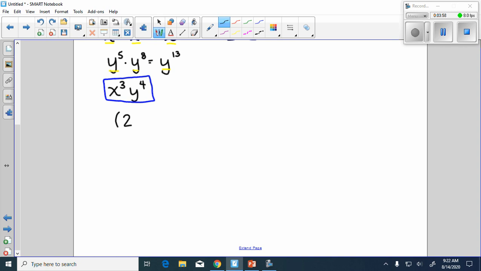We can extend that idea using our commutative property. If I'm asked to multiply 2x squared y cubed times 3x cubed y to the 5th, we can regroup and multiply the pieces that are the same together. 2 times 3 is 6. x squared times x cubed.